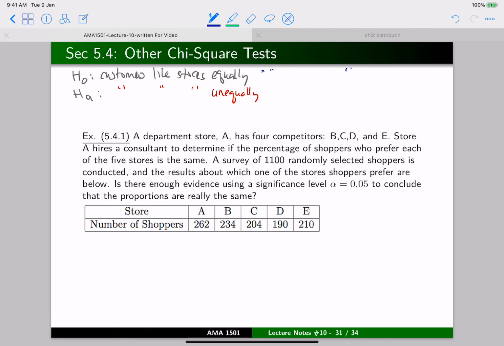Here our critical region is determined by alpha, which is 0.05. Our degrees of freedom is how many cells? 1, 2, 3, 4, 5. 5 cells. So it's 5 minus 1, so it's 4.